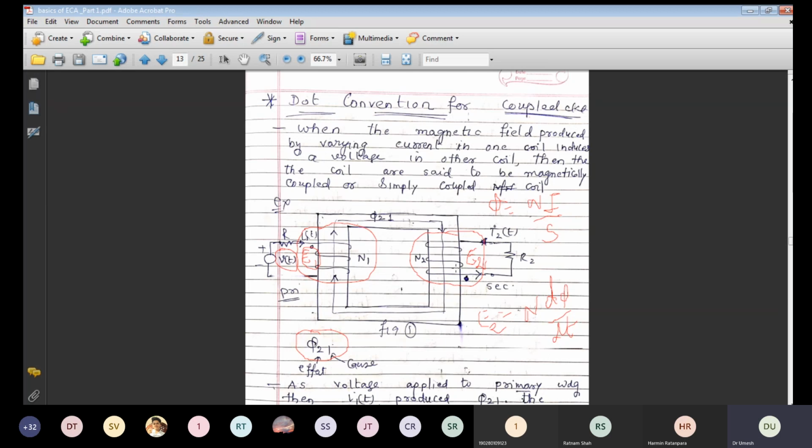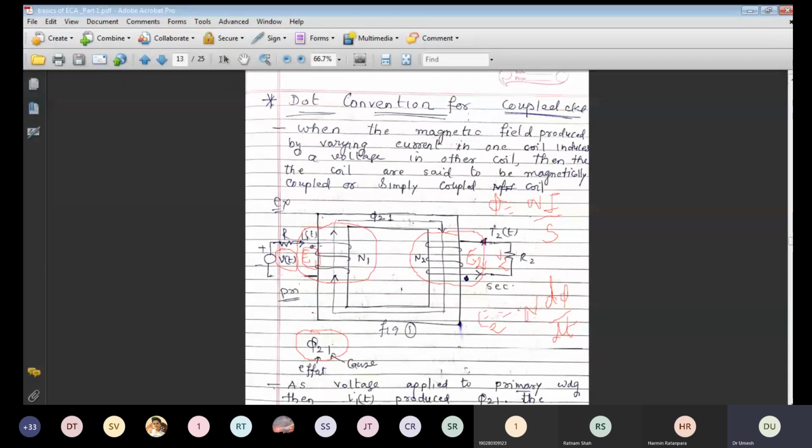So E1 and E2 are induced EMFs, V1 is the supply voltage, and V2 is the terminal voltage, because of the resistance in the winding some voltage drops, so V2 is equal to E2 minus the drop in this winding.